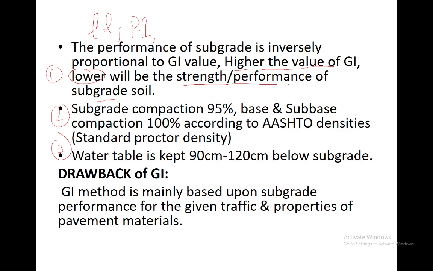If we talk about the GI method drawback, the GI has one drawback, and because of that specific indication, it is not further used. In this method, the pavement thickness is totally based on the subgrade performance for the given traffic and properties of the pavement materials, which are taken into account.